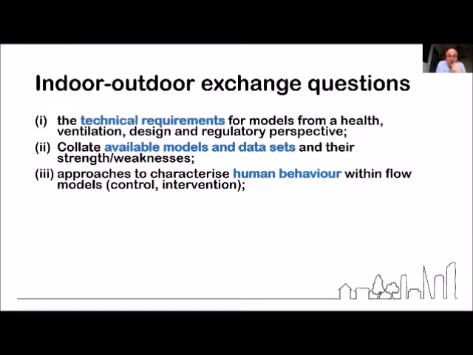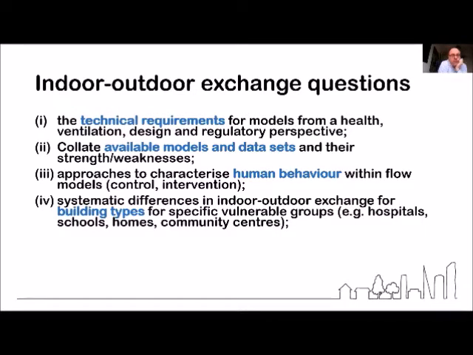Then think about human behavior, which is obviously a very important aspect of air quality within flow models, and also behavior, also control, intervention, and so on. And then also to quantify the systematic differences in indoor-outdoor exchange for different building types.